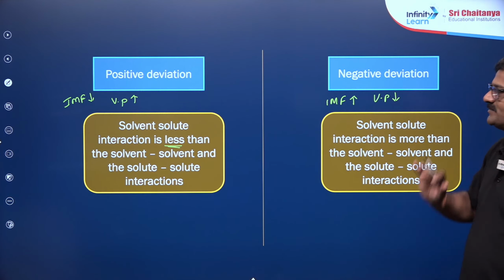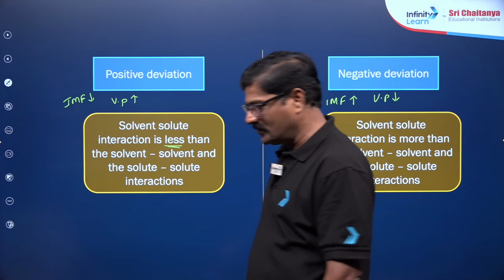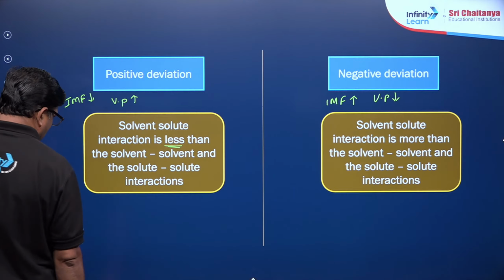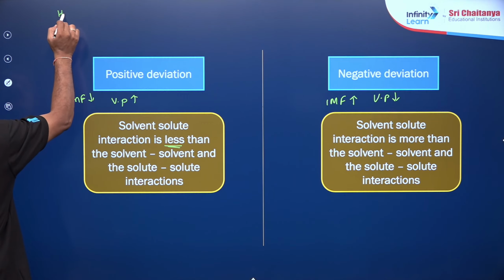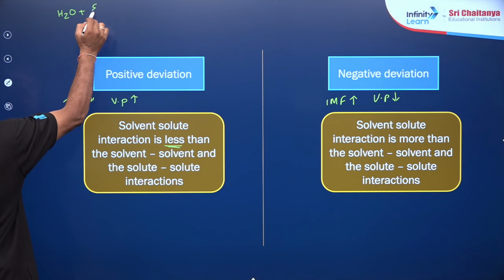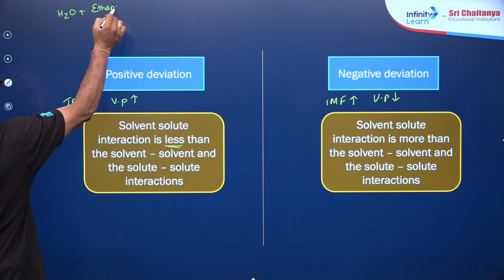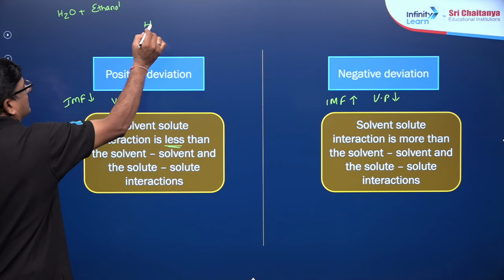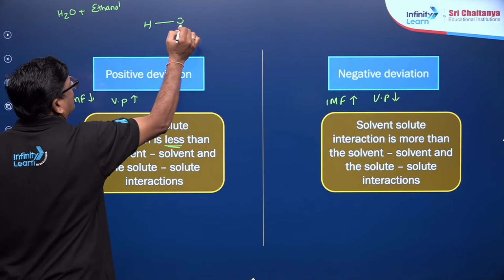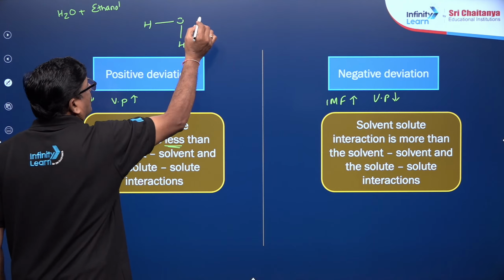So how do you explain about this? You talk about water and ethanol. So water, you have strong hydrogen bonding.